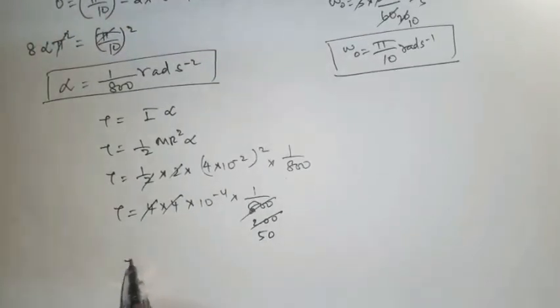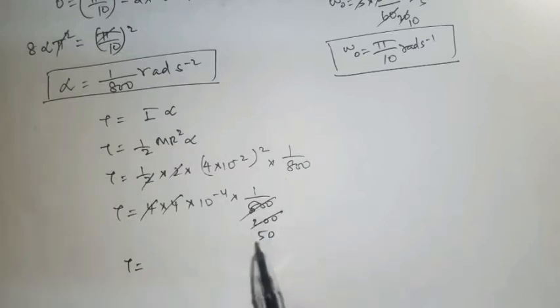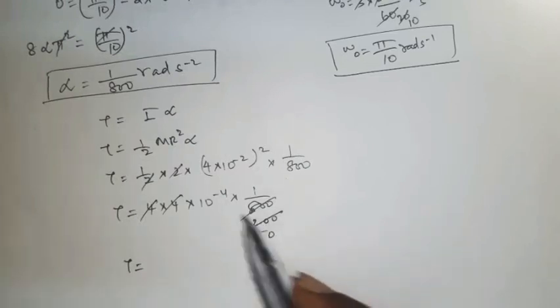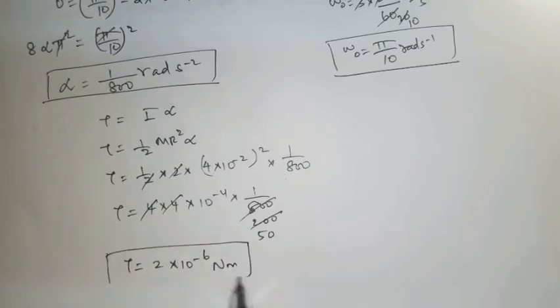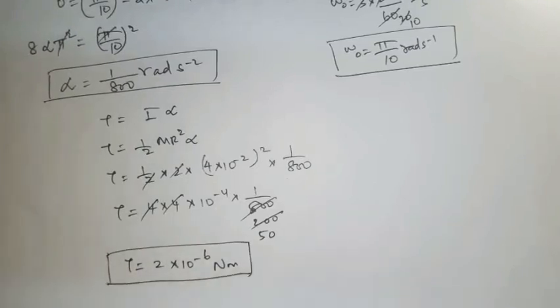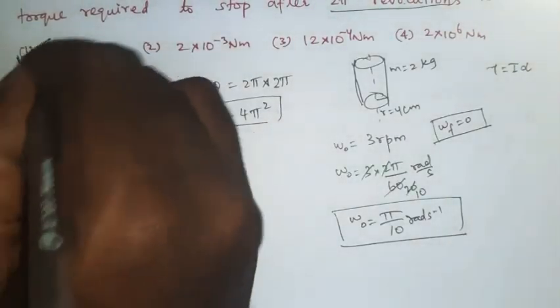So tau is equal to 10 power minus 4 by 50. If we simplify, we get 2 into 10 power minus 6 Newton meter. According to this, option 1 is the right answer.